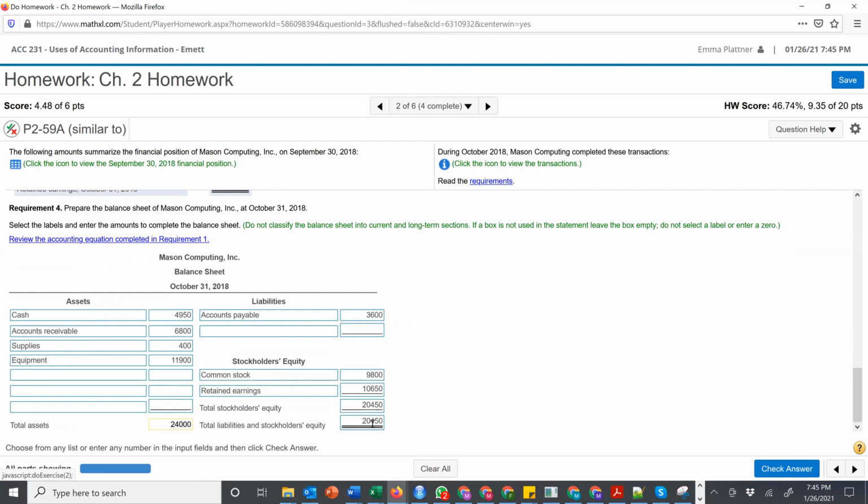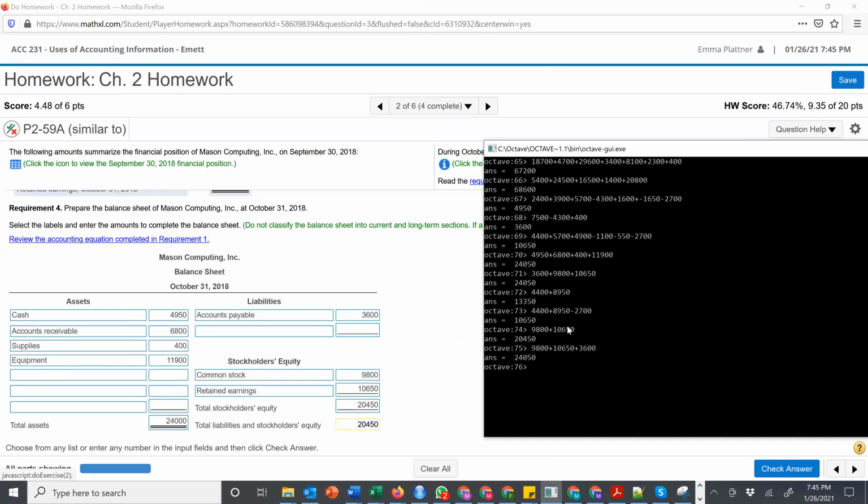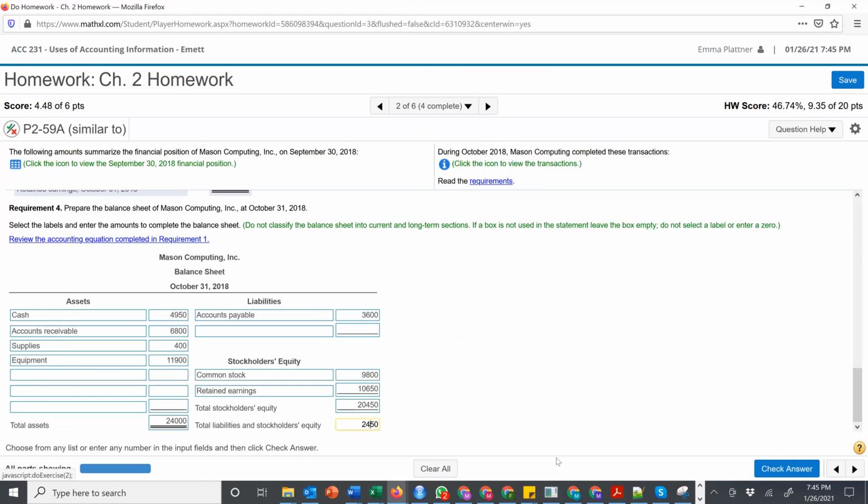God bless it, transposing numbers. I'm sorry. So we've got 9800 plus 10650. That's 20450. Then we add 3600, and that gets you to 24050. Okay. And that's what this is supposed to be, I think. Plus 6800. Yeah, I got that. Okay.